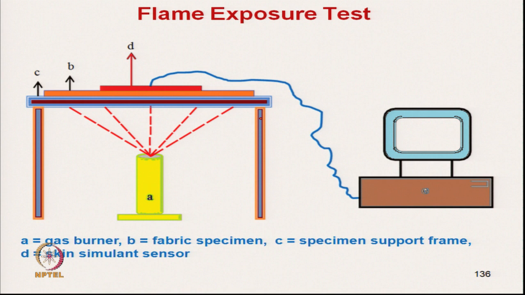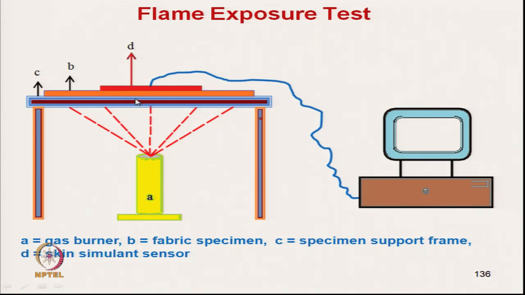Now, first is the flame exposure test. Here the components are: A is a gas burner which produces the flame, C is the specimen support frame, and the fabric B is fixed on the specimen support frame.